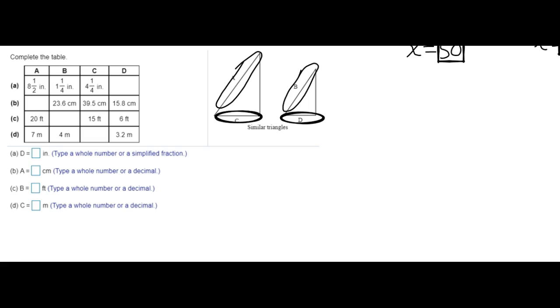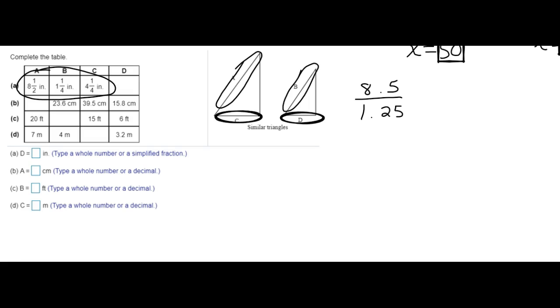I'm going to set it up as fractions, and since all of the fractions involved are nice, neat decimals, 1/2 is just 0.5, 1/4 I recognize as 0.25. There's no rounding involved. I'm going to go ahead and convert these fractions to decimals when I set up my proportion. So it's 8.5 to 1.25.